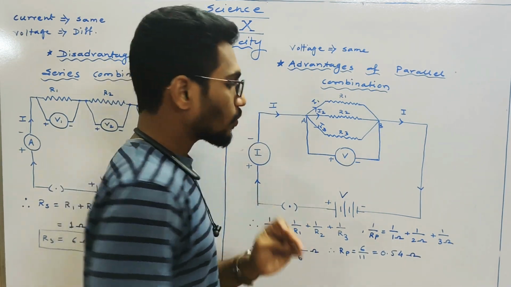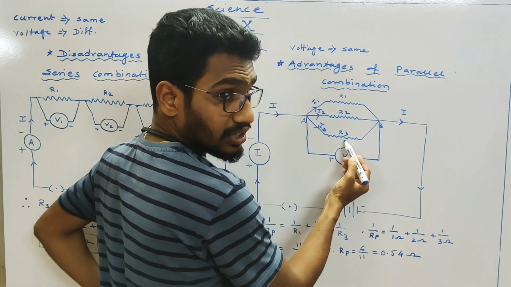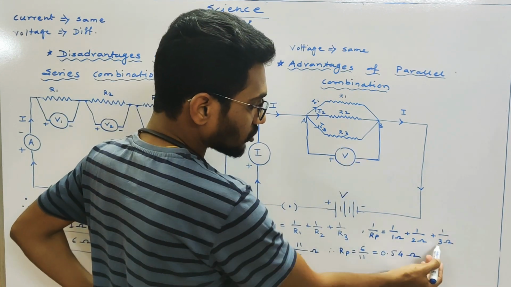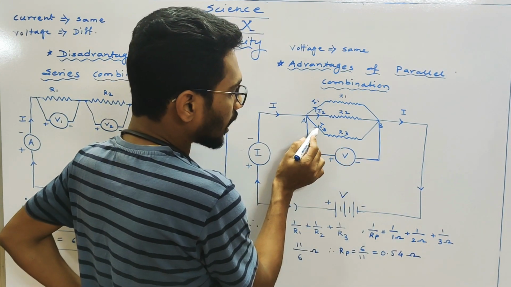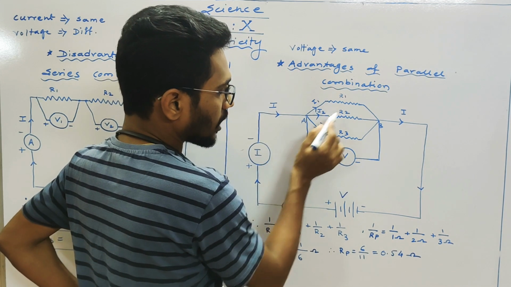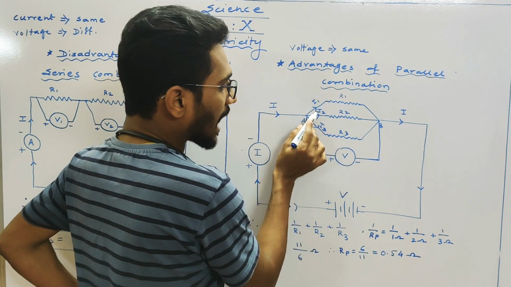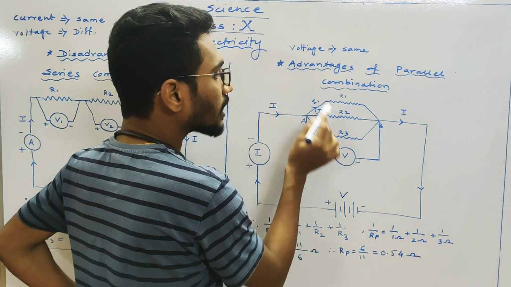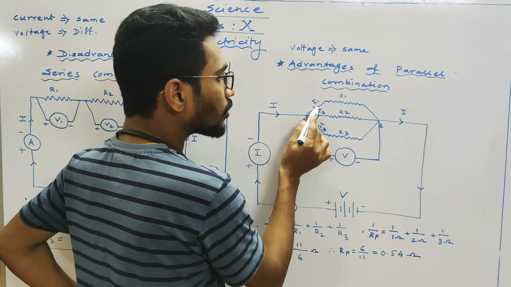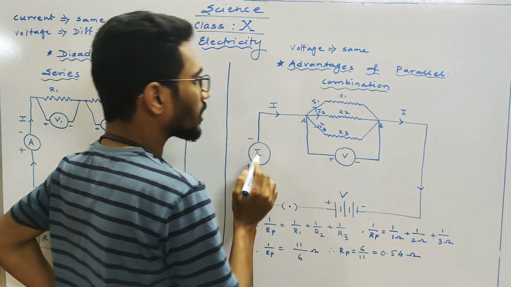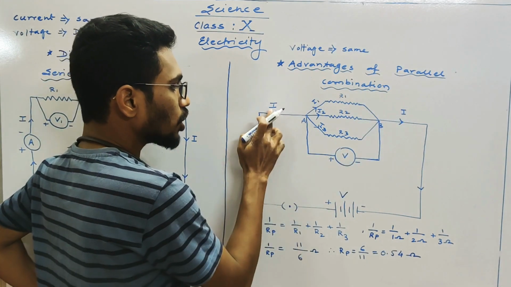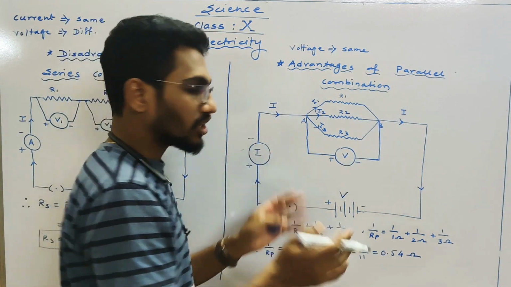Are you getting me? Okay, so R3 having greater resistance, that is 3 ohm, allows I3 to flow through it. R2 allows I2 to flow through it. R1 allows I1 to flow through it. So here in the case of parallel combination, your current is going to be shared.